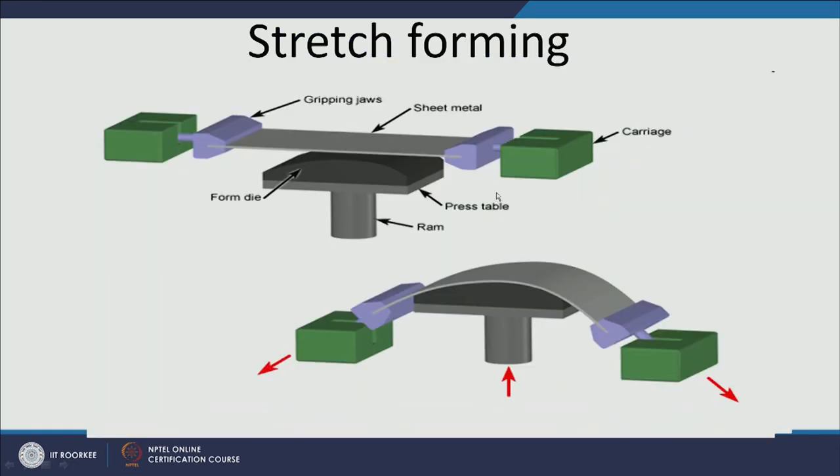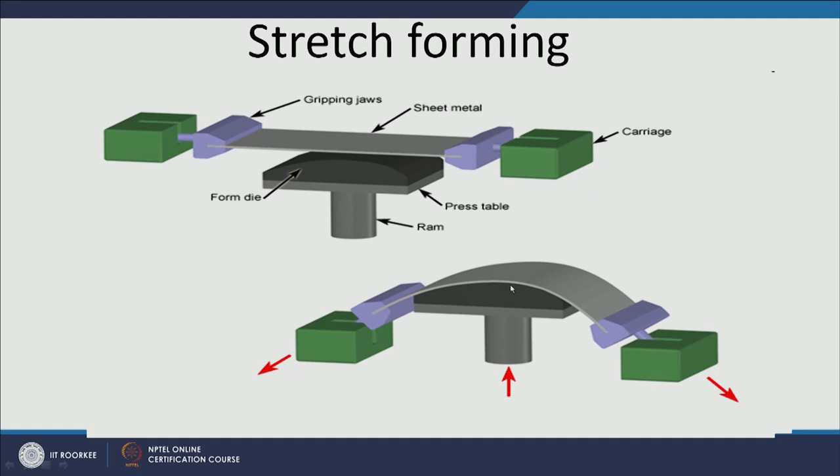The same thing has been shown in these two diagrams, wherein these are the gripping ends of the sheet metal. This is the sheet metal and this is the die which is pushed through the sheet metal, and finally the sheet metal, when it is stretched with the help of the push force of the die, takes the shape of the die and the suitable shape is achieved.